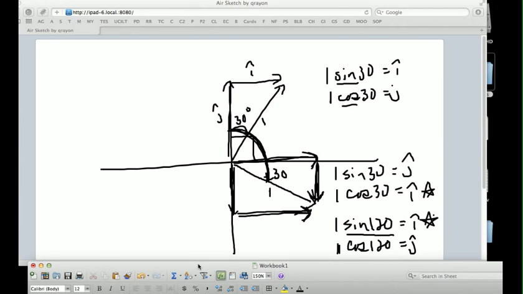So the cosine of this angle here would equal that side, i hat, right? Well, the sine of 120 would actually equal the opposite side, which is still i hat. So, you can use this for vectors in the future when you're doing vector problems.